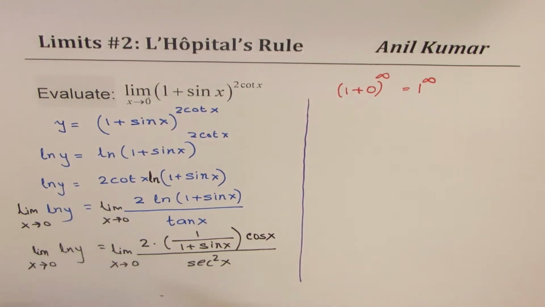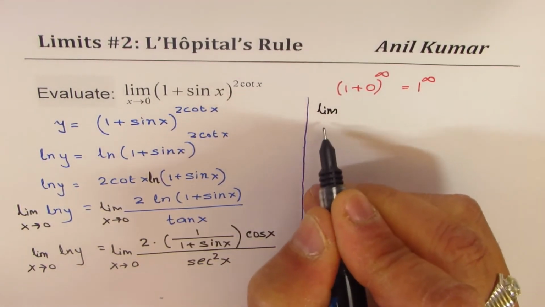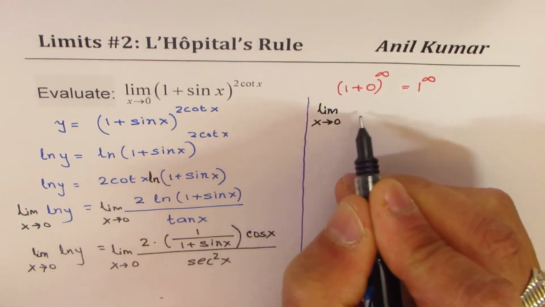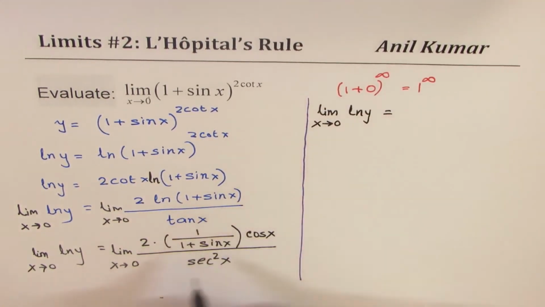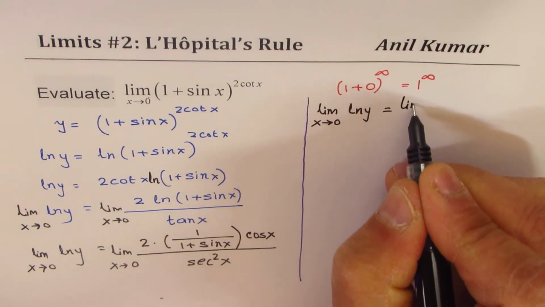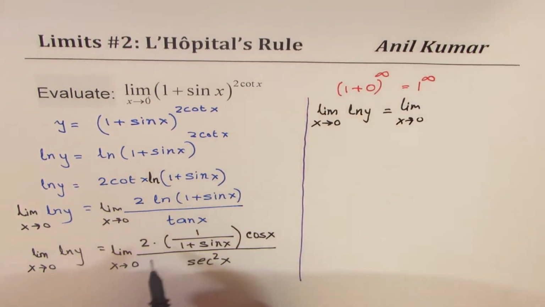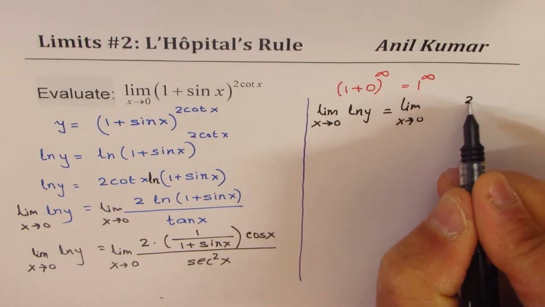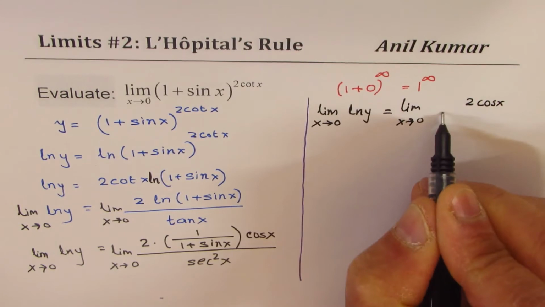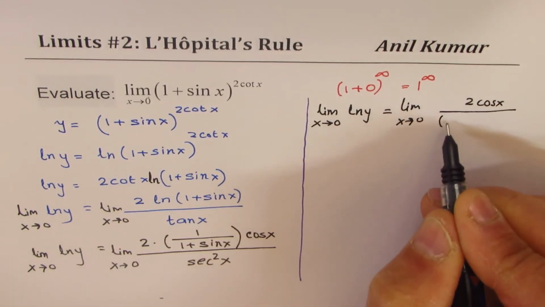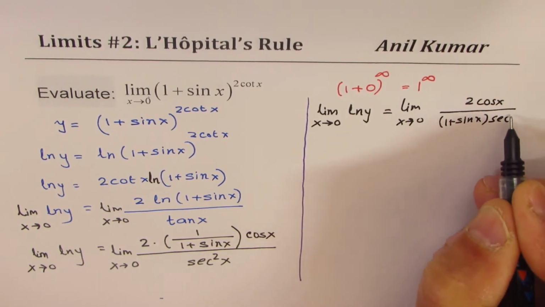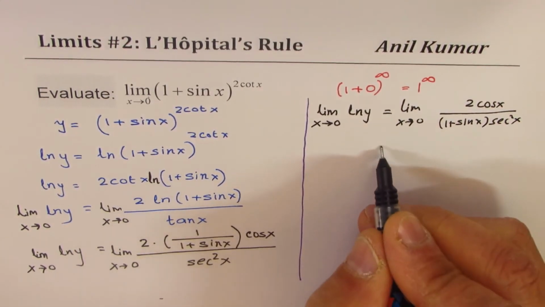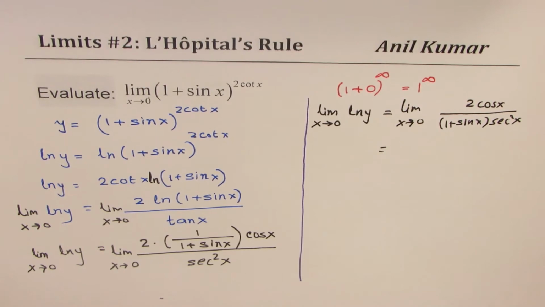So what we have here is the limit as x approaches 0 for ln y is equal to all this. We could write this as the limit as x approaches 0 of 2 cos x over 1 plus sin x times secant square x. Now we can substitute 0 here, right? So what do we get?